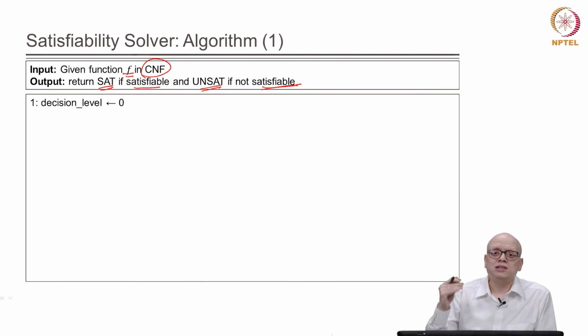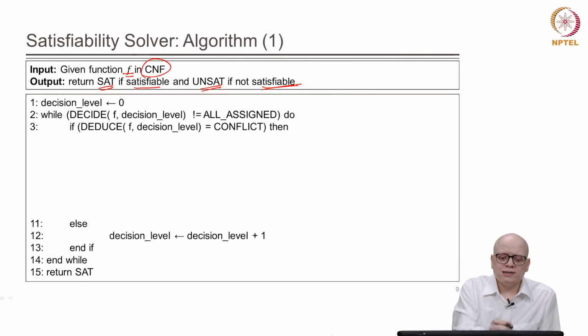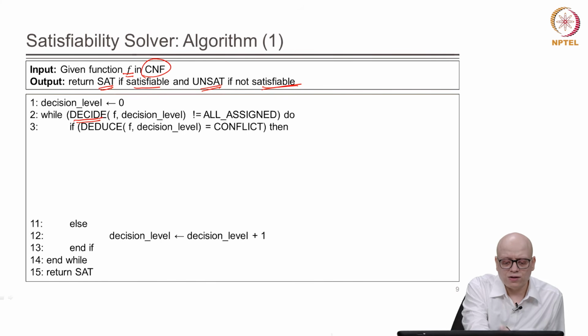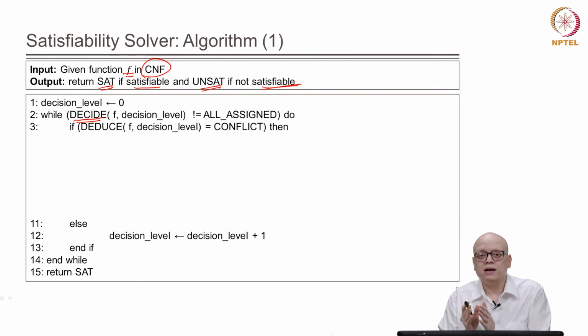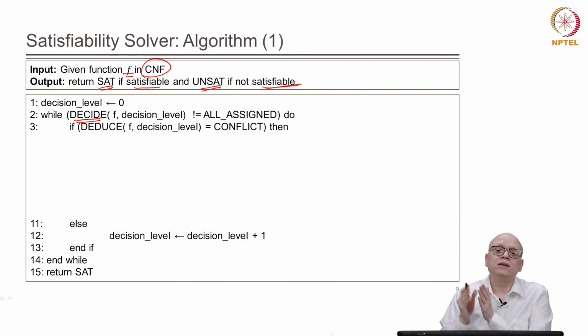So, we start with a decision level of 0; we have not yet decided any variable. Then we decide the value of a variable in the function f. Suppose f had, say, 3 variables.